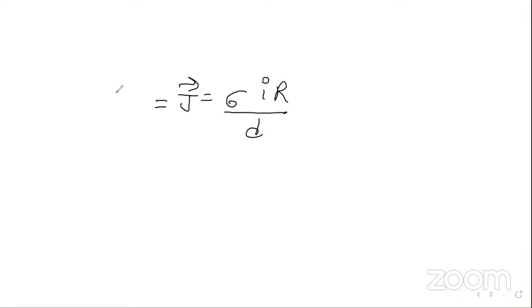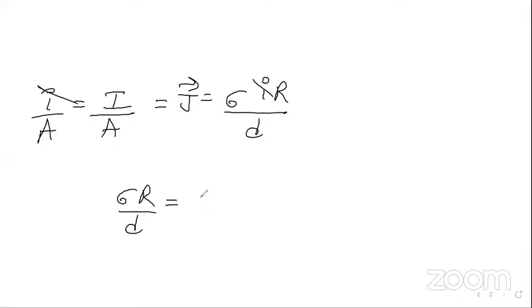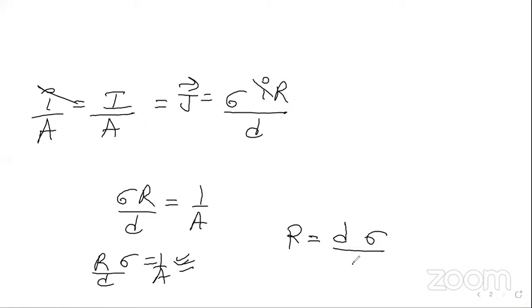And we know one more thing, current density is current upon area, or I upon A. From there the I cancels, and you get the equation sigma R by D equals 1 by A. So the resistance you are getting here from this equation is D by sigma A.